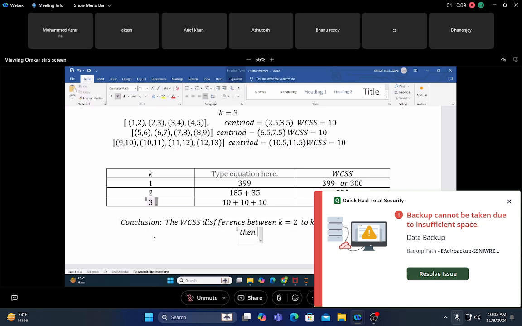Then we can choose k is equal to 3 as the optimal clusters. Optimal clusters.